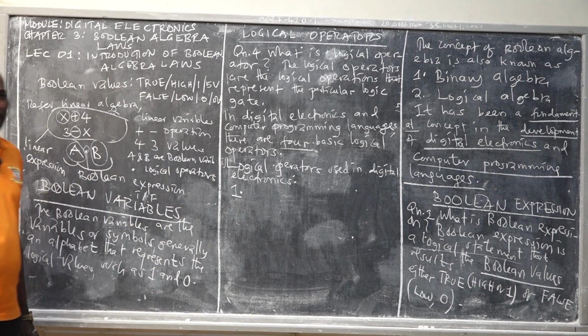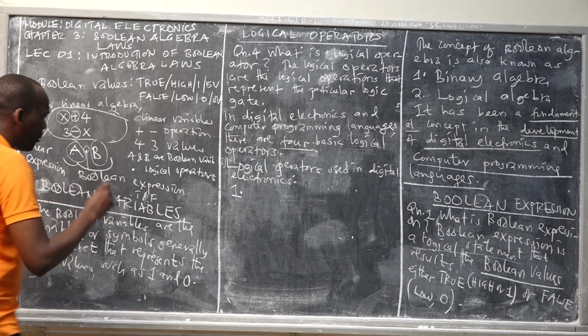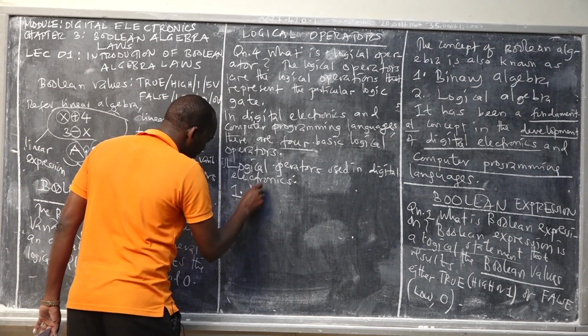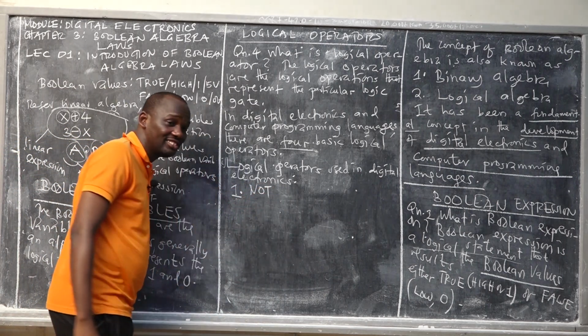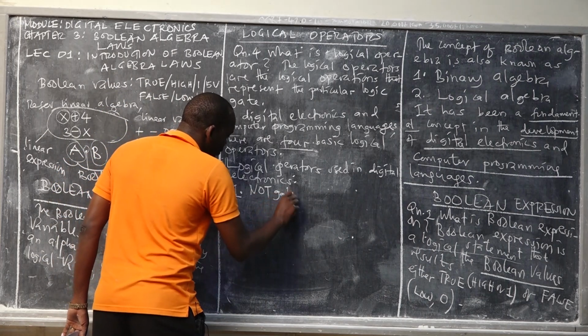So simply we have only 4. We don't have 7 logical operators; we just have only 4 logical operators. So listen. The first logical operator represents the simplest gate, which is called the NOT gate.